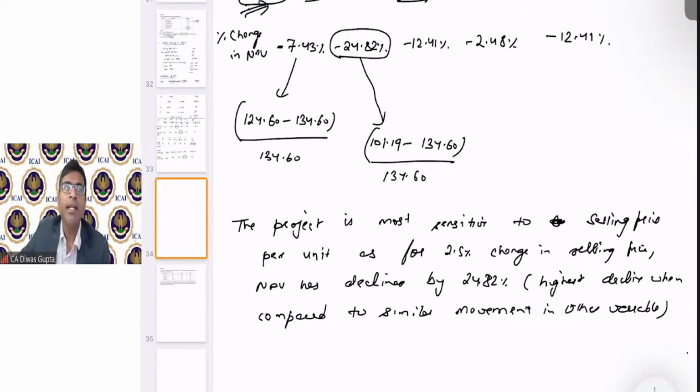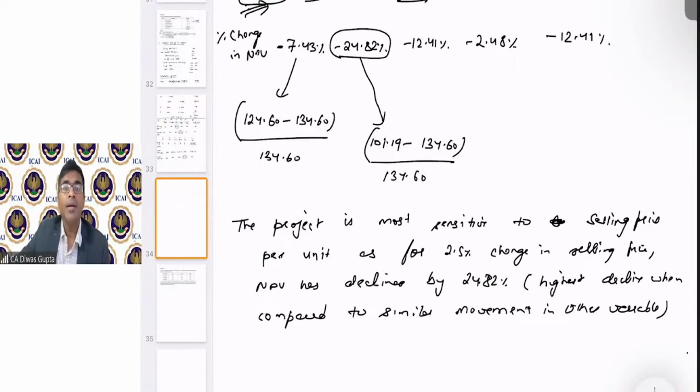See, the discounting rate is in a way an outcome of the way you finance the project, right? Let's say you are investing the amount from equity. So the cost of equity will become your cost of the project. Similarly, if you are investing the amount using a debt and equity mix, then whatever is the cost of debt and whatever is the cost of equity, the weighted average will become the discounting rate.